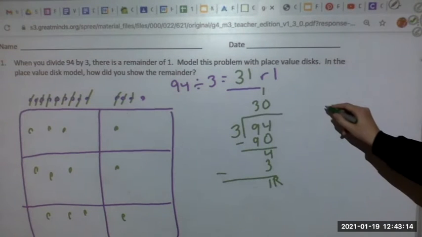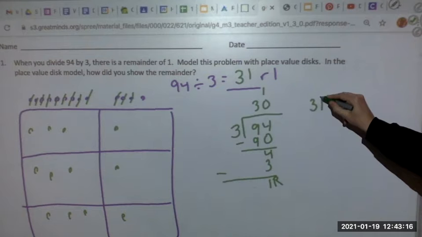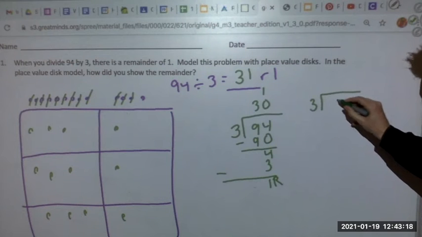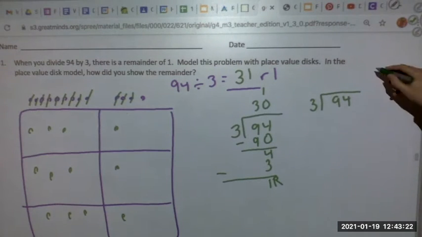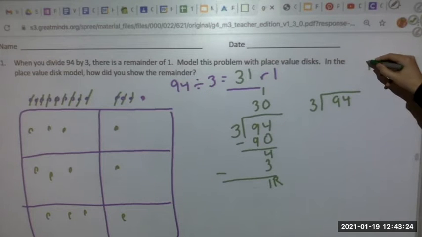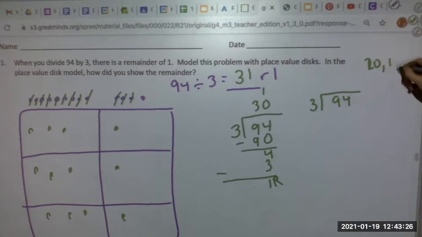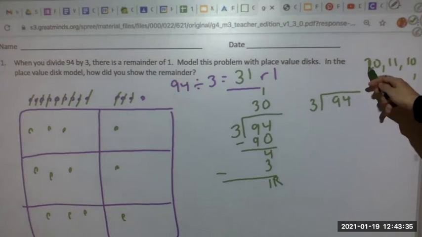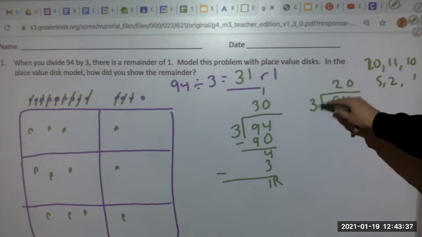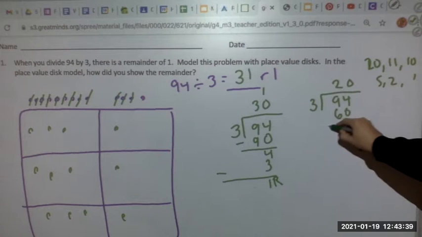I can check it another way. So if I was using my strategy we learned earlier, or yesterday, I should say, I'm going to come out with facts I know. I know 20, I know 11s, I know 10s, 5s, 2s, and 1. Okay, so 3 times 20 is 60.